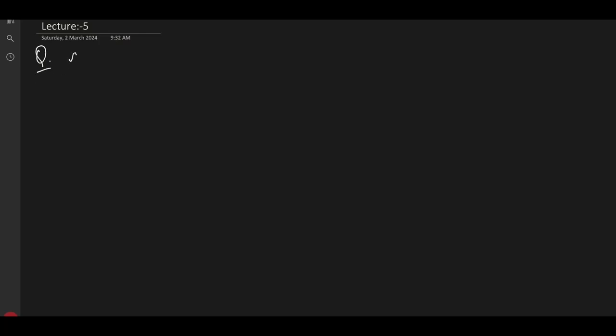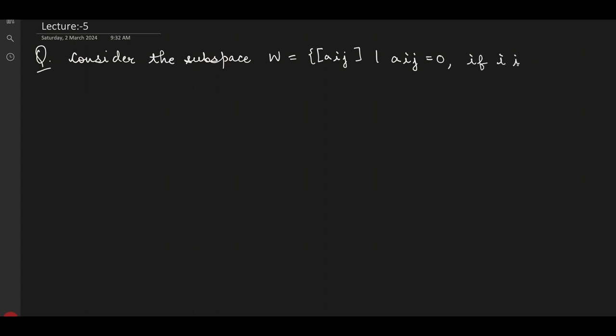Consider the subspace W equals A_ij such that A_ij equals 0 if i is even, of all 10 cross 10 real matrices.